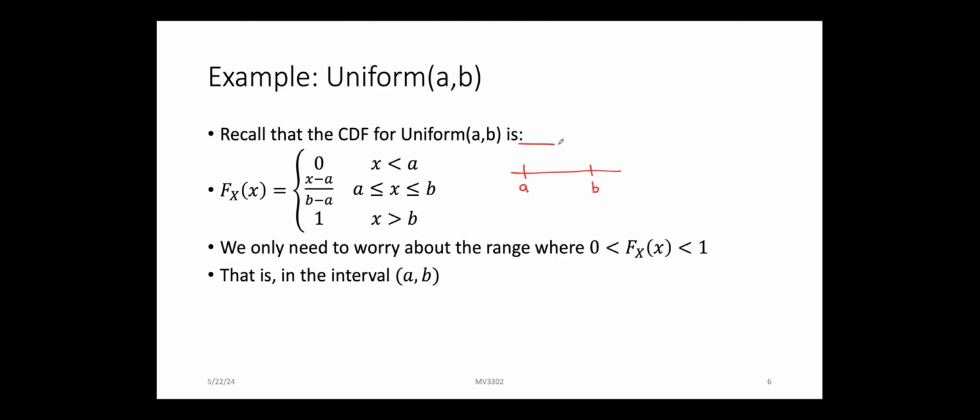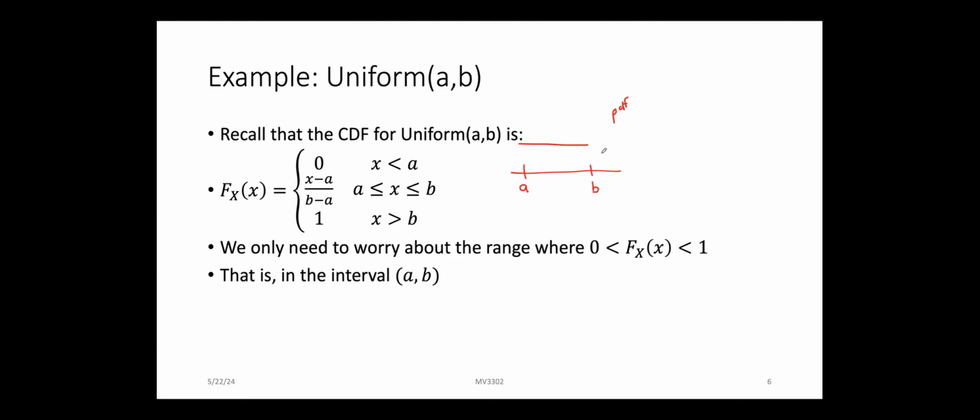What's so uniform about the uniform distribution? Well, it's called uniform because the PDF, the probability density function, is uniform, meaning it's constant.